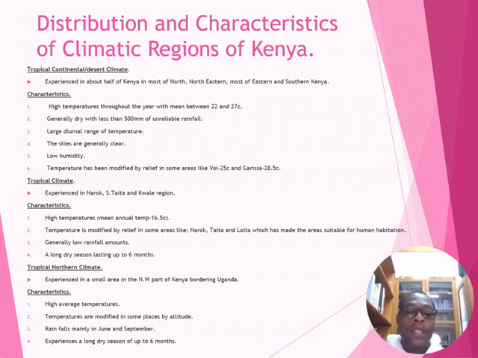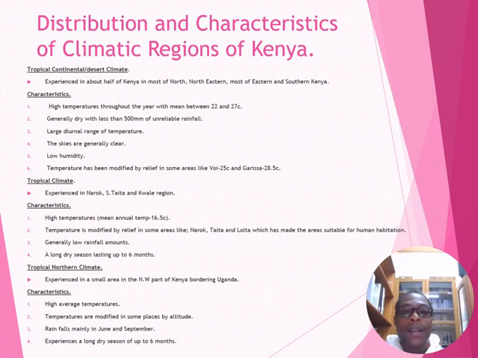During these months, humans who live around those regions are able to plant their crops. Number 4 is experiencing a long dry season of up to 6 months.